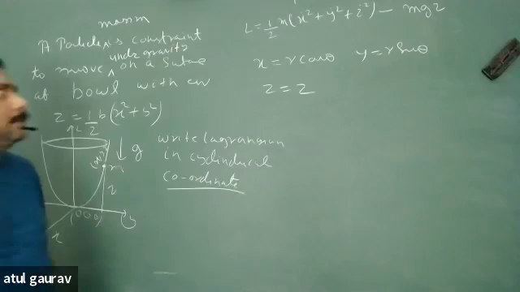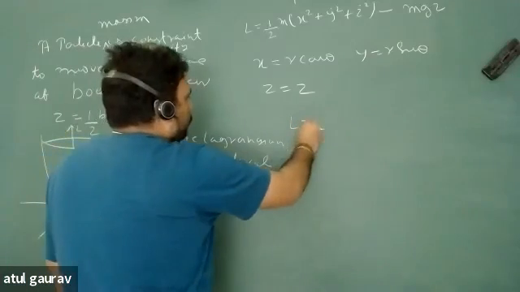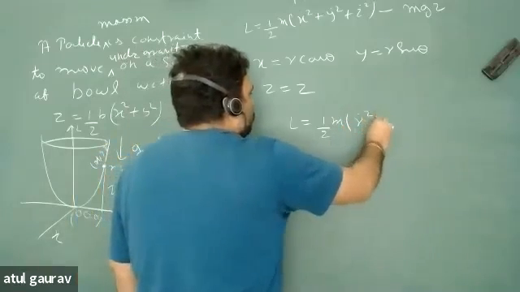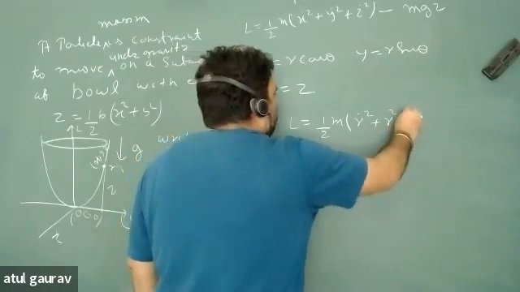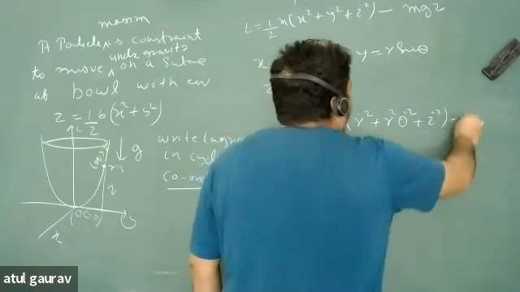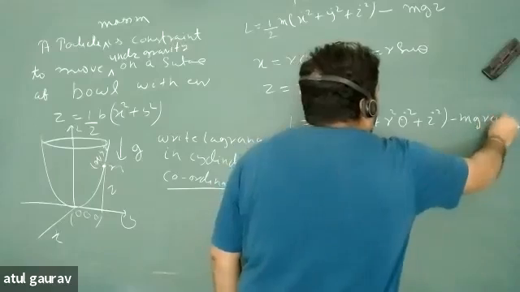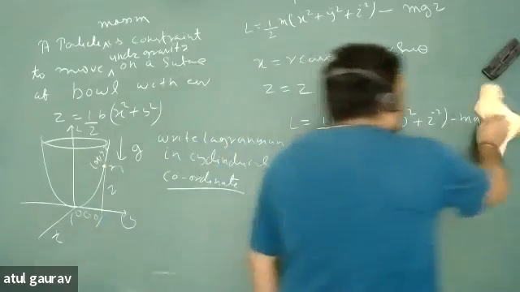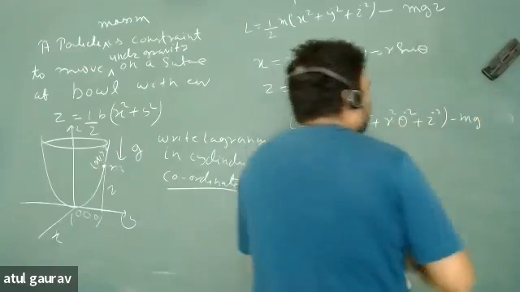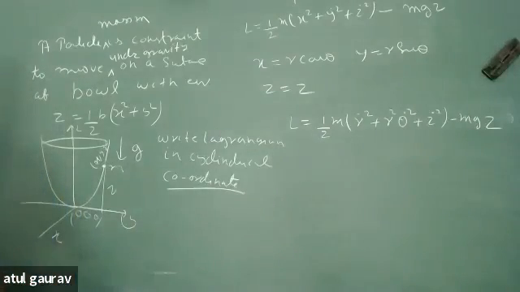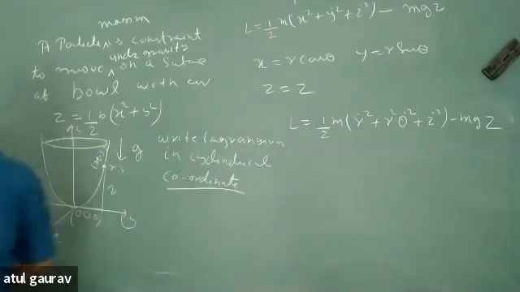Then we can transform this Lagrangian, and it is half m (r dot square plus r square theta dot square plus z dot square) minus mgz. Sorry, not mgr cos theta. This is mgz. Now, the question is whether this Lagrangian is correct.